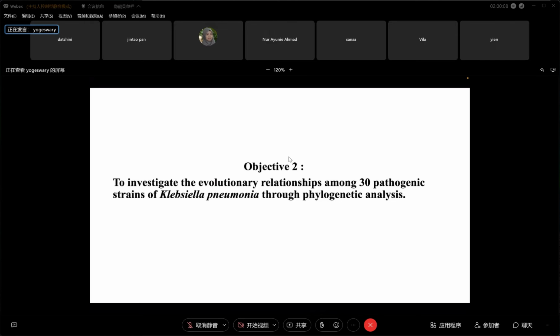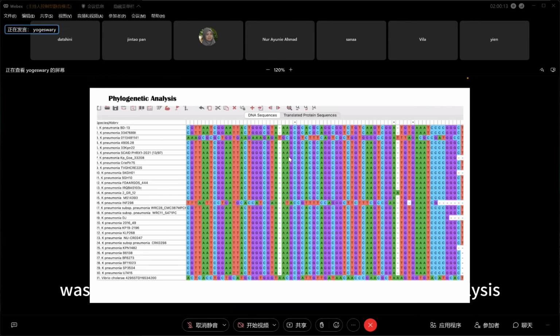It was performed using the Molecular Evolutionary Genetics Analysis, MEGA-X software. 16S rRNA sequences retrieved from the RAST annotation file were aligned by ClustalW, and a neighbor-joining tree with bootstrap 1000 was constructed in MEGA-X software.